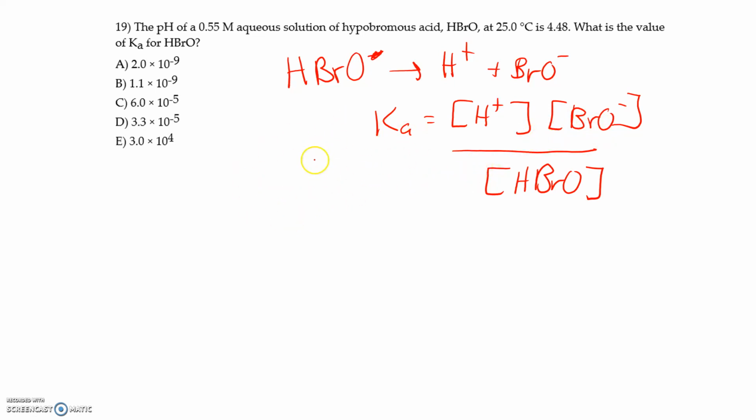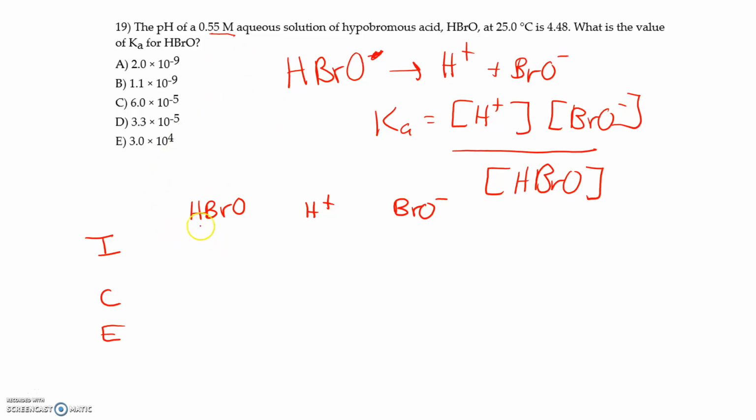So for this equation, I'm going to need to make an ICE table. I have my undissociated acid, HBrO, I have my H plus, and I have my BrO minus, and I'm going to need to know my initial, my change, and my equilibrium. So the initial concentration of HBrO is what I'm given, that's this 0.55 molar, because what I'm starting with is 100% hydrobromic acid.